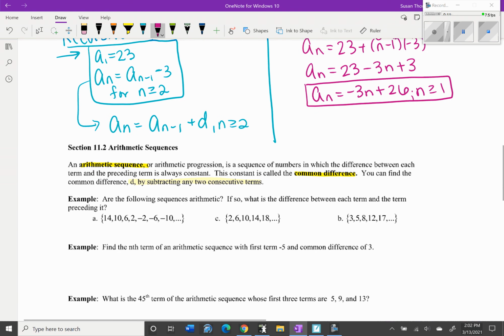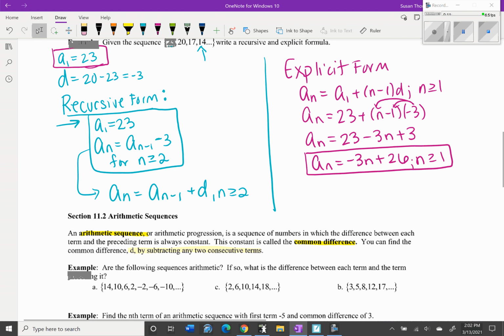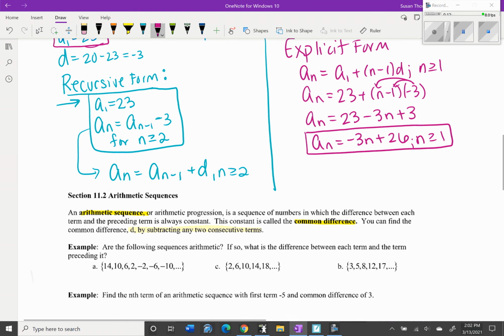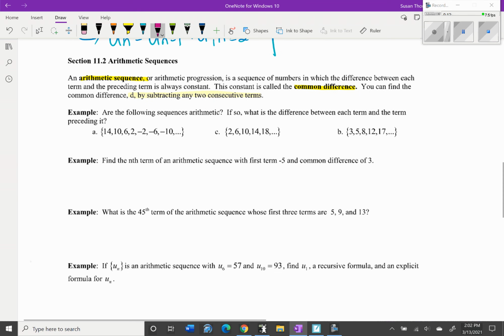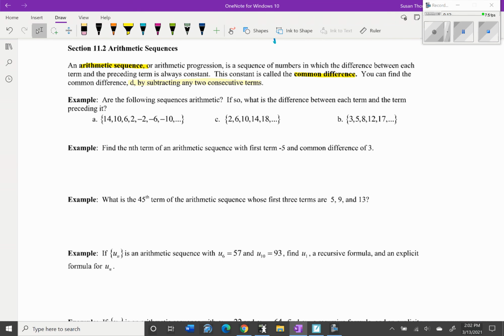All right, looking at the next, and before we move on, we also like the explicit form because if I wanted to find the 100th term, all I would have to do is plug 100 in for n, and then I could easily find it by combining my like terms, unlike the recursive.